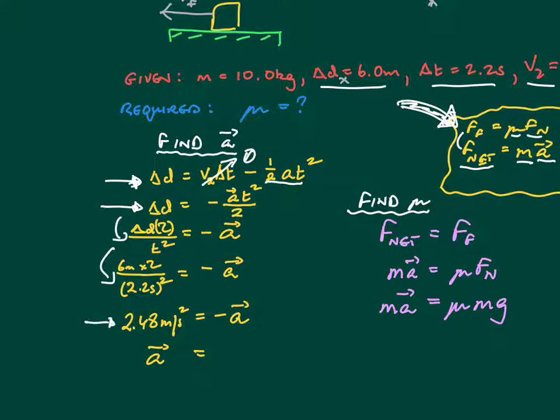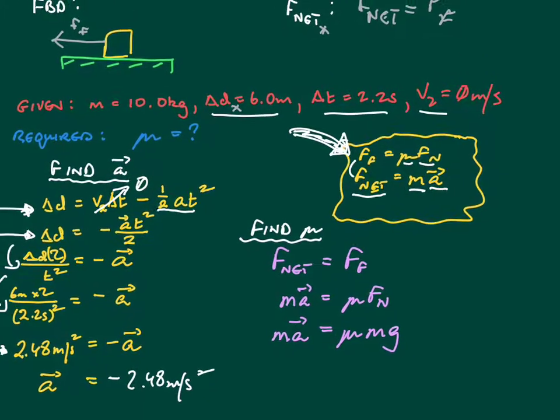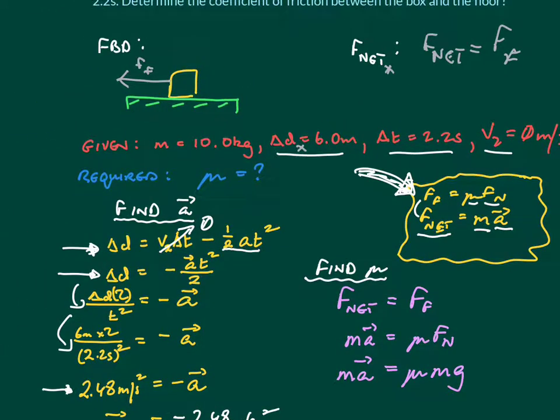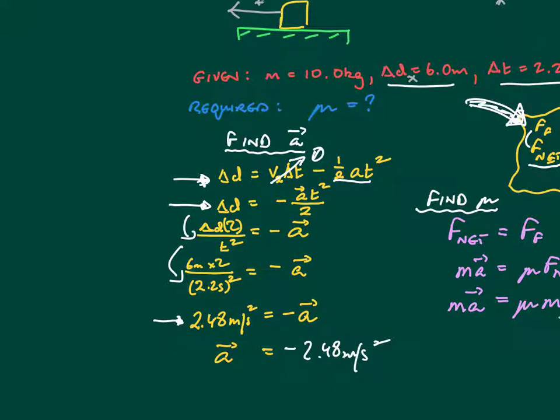Now, is the sign significant? Of course it is, because that negative A is 2.48, so that means that A is actually negative 2.48 meters per second squared. That should make sense because we've already identified that delta x that it moves is 6 meters, and that was a positive.